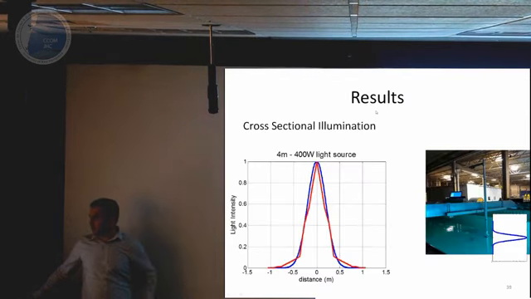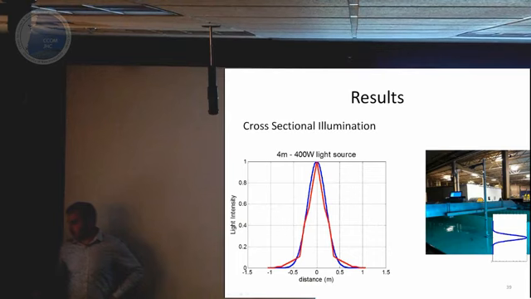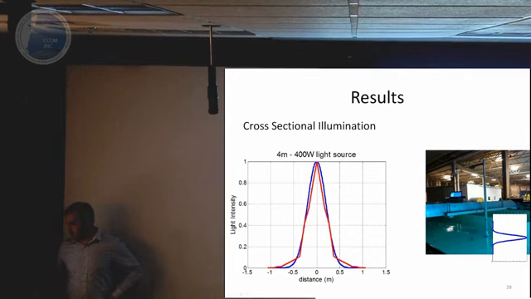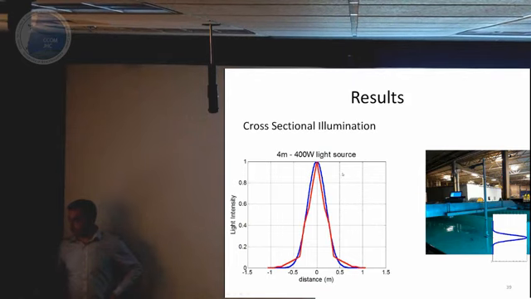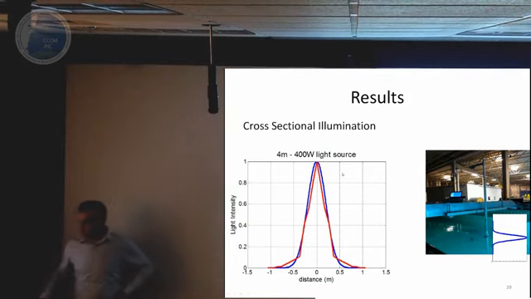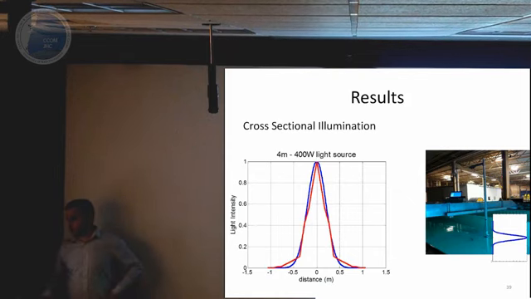To talk about our results, here in our experimental setup, in this aluminum frame, we are looking at the measurements taken at point 0, the central beam alignment, up to 1 meter at half height. We took this data and duplicated it backwards, assuming a circular light field, at 4 meters with a 400 watt light source.